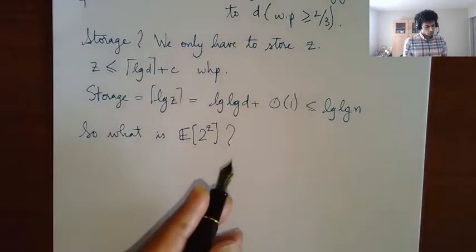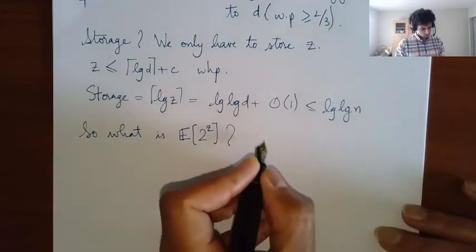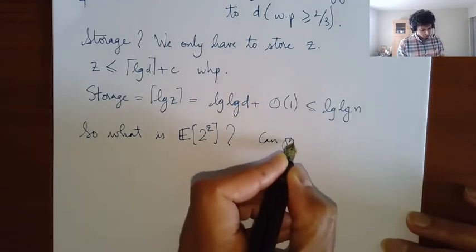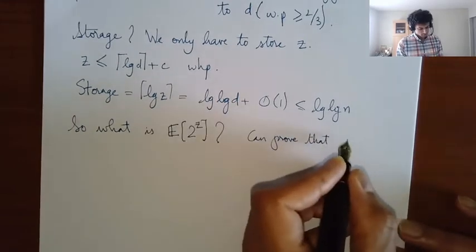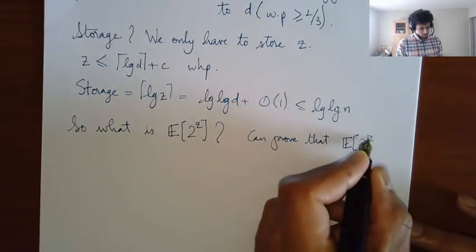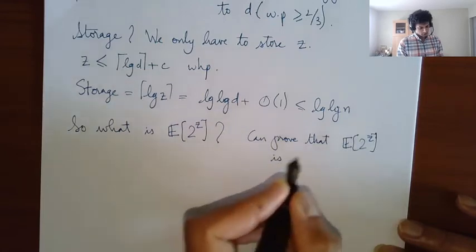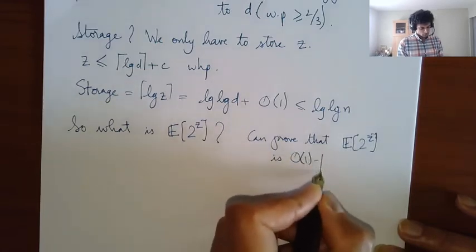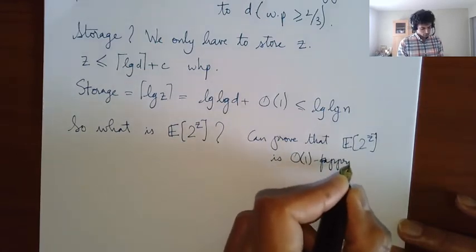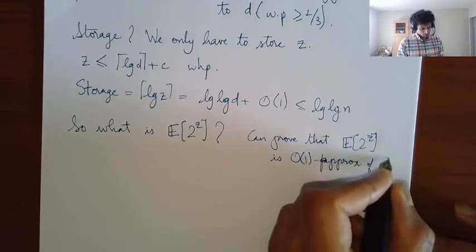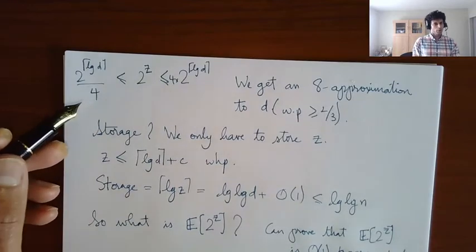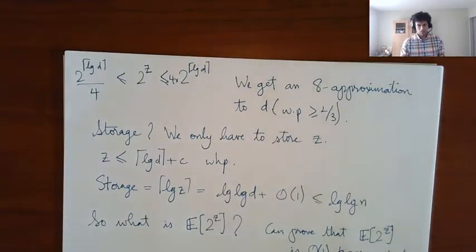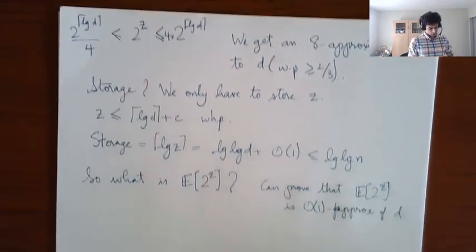If you follow this, you can prove that the expectation of 2 to the z is some O of 1 approximation of d. We just said that this happens with high probability, but you could work out the expectation. You can work out some bounds on the expectation using this math.